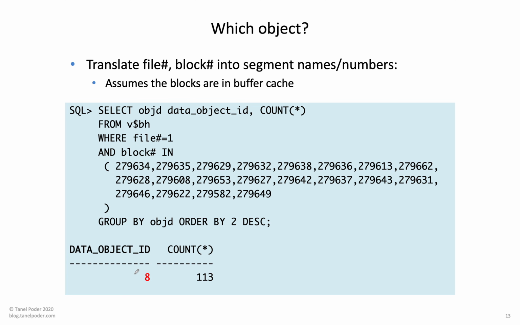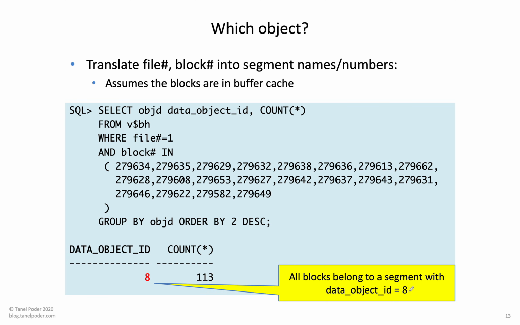So anyway, it looks like all of the blocks we waited for, which are so hot in RAC, belong to data object ID number 8. Data object ID is the physical object, the segment ID essentially. So all blocks belong to a segment with data object ID 8.